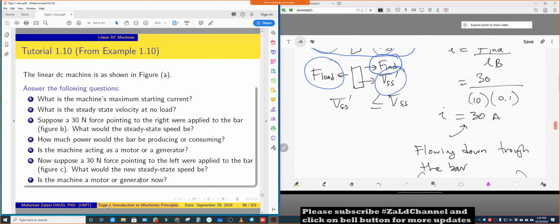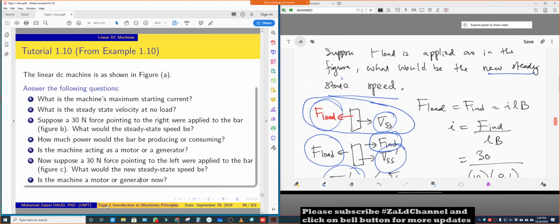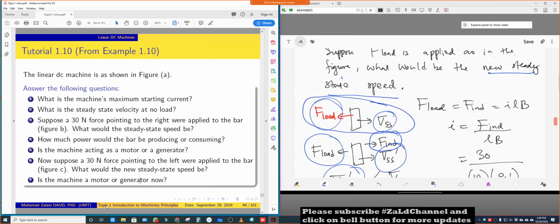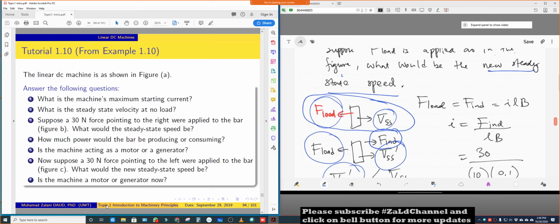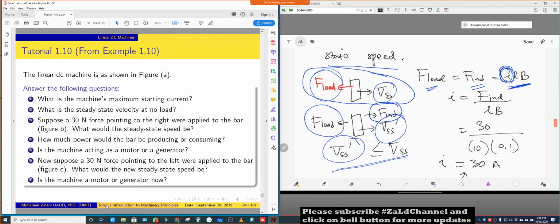So we can conclude that the new steady state speed must be smaller than VSS, the initial steady state speed. Back to this situation, we can derive the equation: F load equals F induced, which is ILB, meaning we have a new current flowing inside the machine.